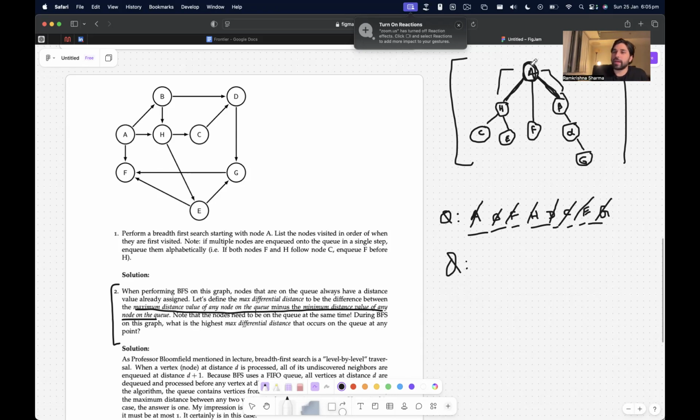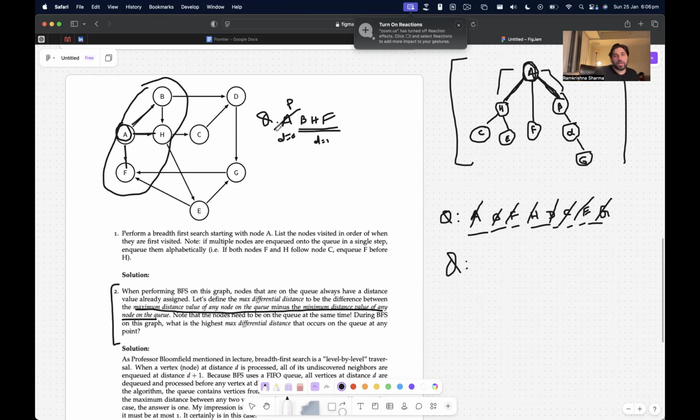So when we're processing A, we're looking at A's neighbors, B, H, and F, and B, H, and F are one level away from A. Just think about it: if we had a queue and we put A in, A is connected to B, H, and F. So we're processing A right now, and we find that it's connected to B, H, and F. Those neighbors are one level away from A. So this is distance zero, and then these are all distance one.